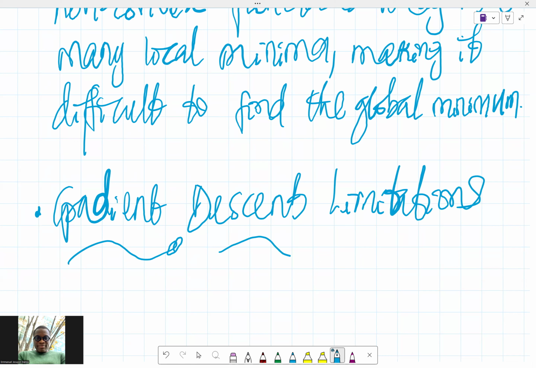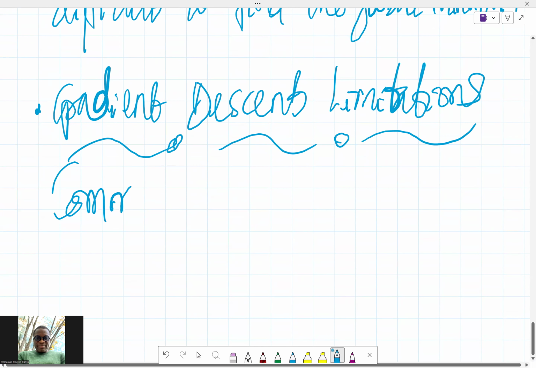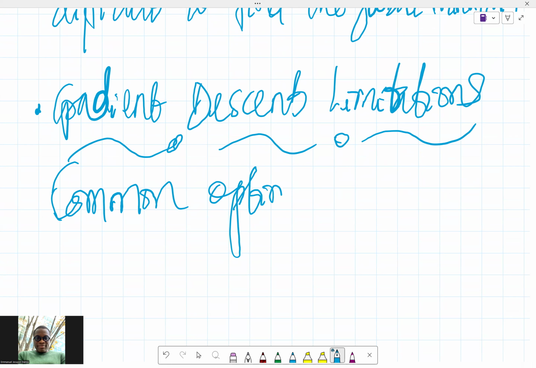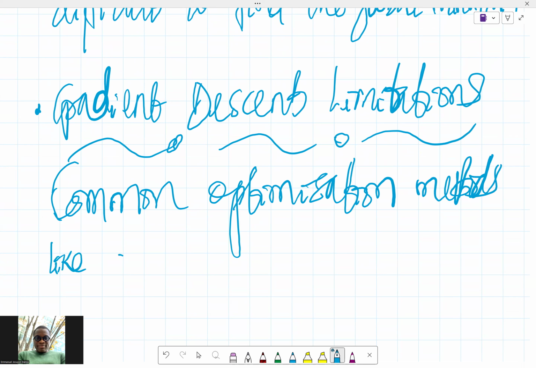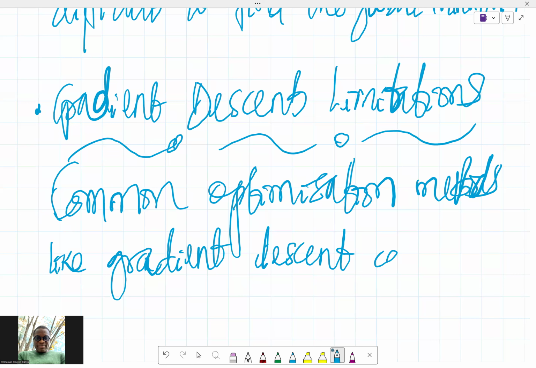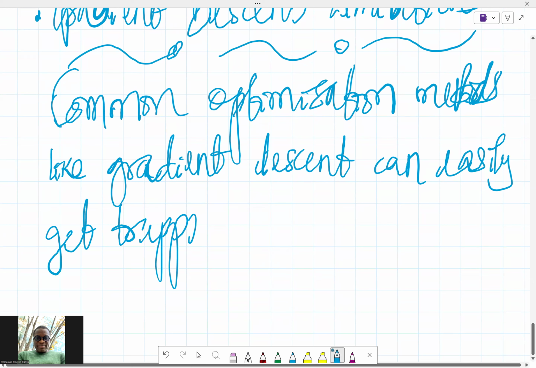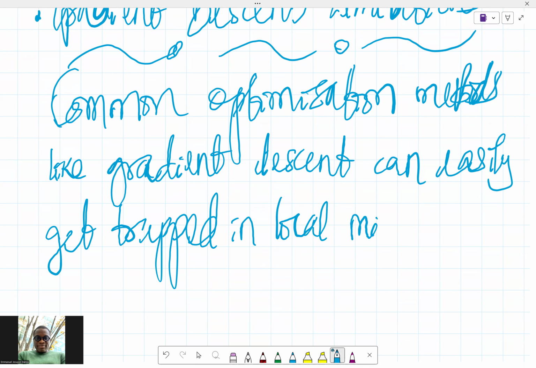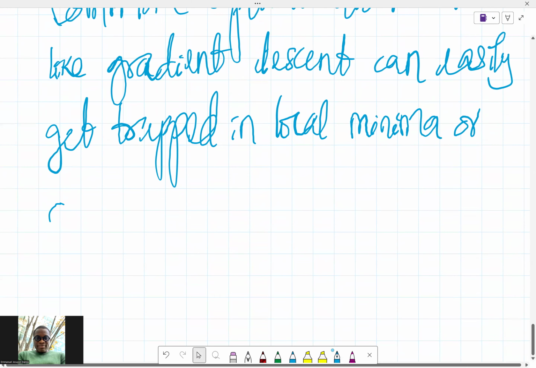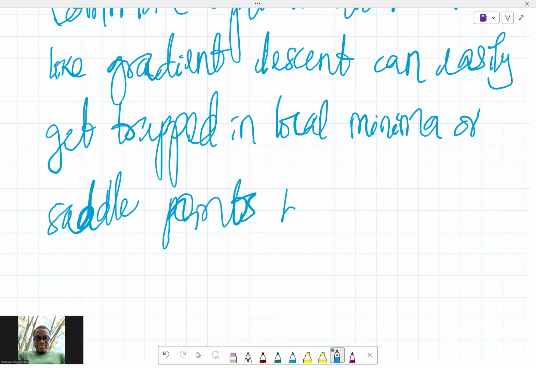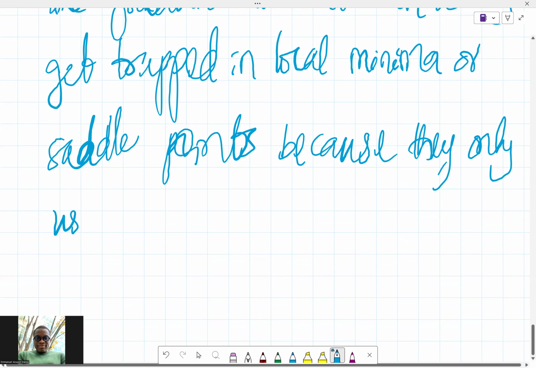Common optimization methods like gradient descent can easily get trapped in local minima or saddle points, because they only use local information.